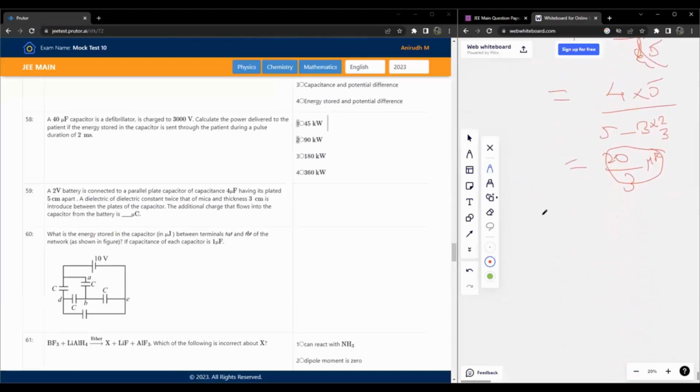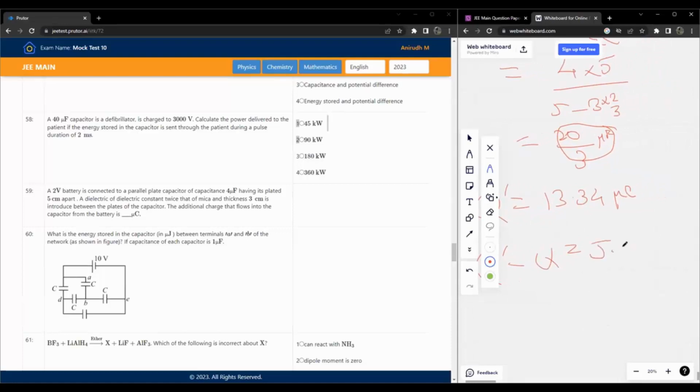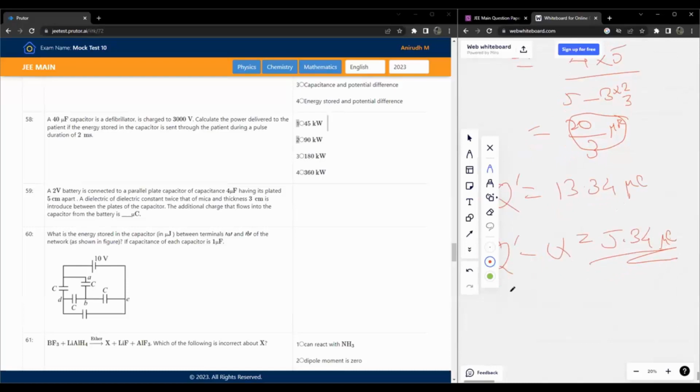Given this to be the new C, you have the new Q dash equals 13.34 microcoulombs, because this is into your initial charge, that is 2 volts, that is your Q. And so you have an additional charge of Q dash minus Q equals 5.34 microcoulombs. That's your answer, right?